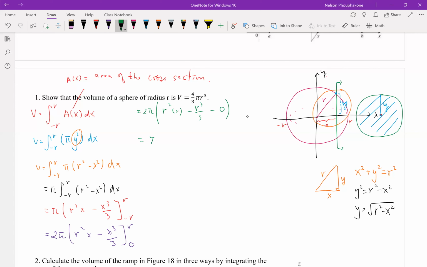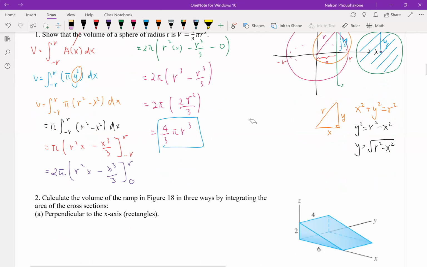So I will have r to the power 3 minus r to the power 3 over 3. So you will see that the volume of a sphere is 4/3 pi r cubed.